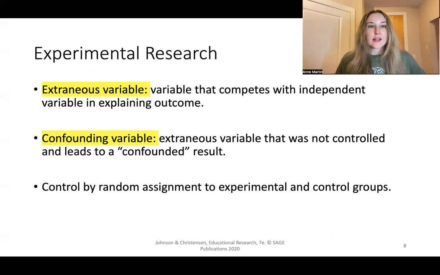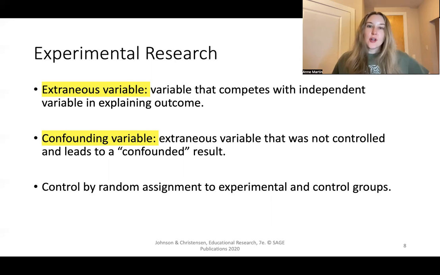And then also coming back to another topic that we've been going over for the past couple weeks: extraneous variables and confounding variables. An extraneous variable is any variable that could interact with the independent variable. Things like age, income level, experiences, extracurriculars.